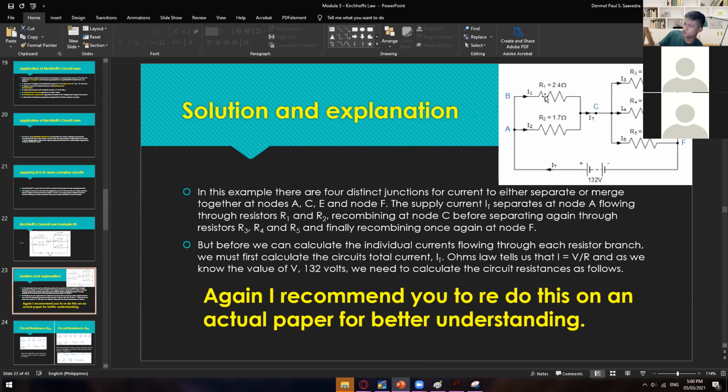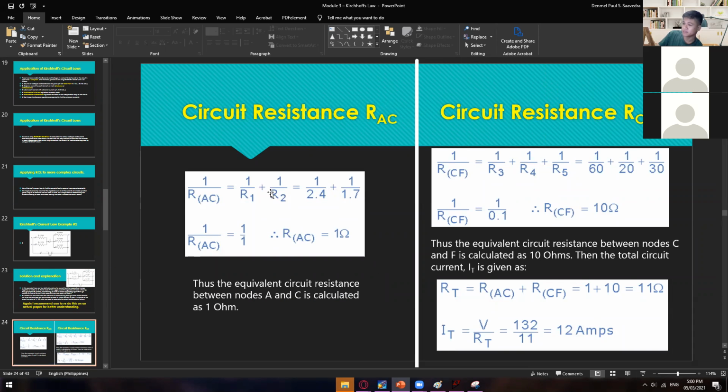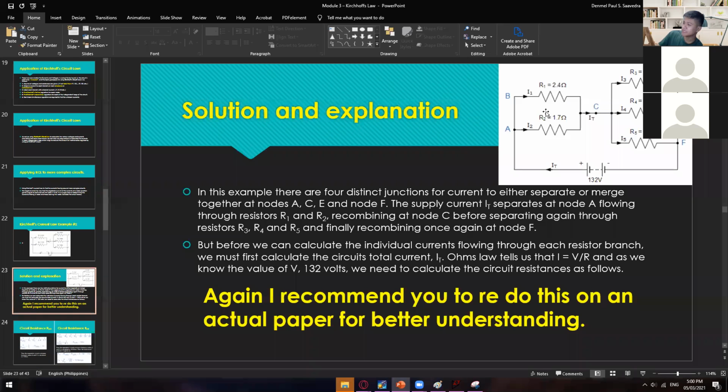Combine those two using the formula 1 over R1 plus 1 over R2, and then you will get 1 ohm. And then from there, you can now get the total current that is flowing on these two nodes.